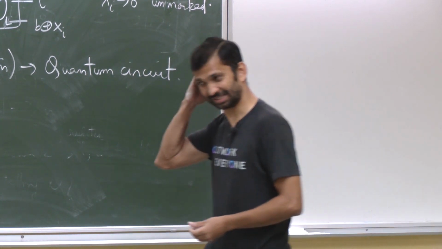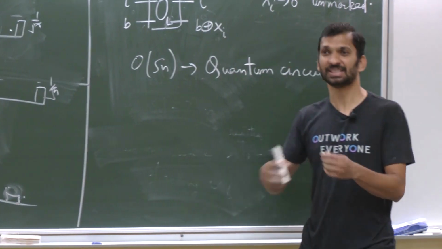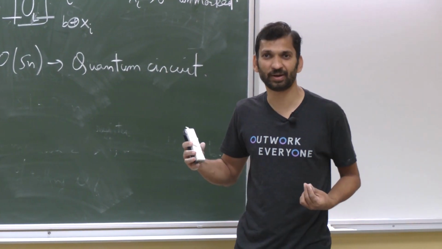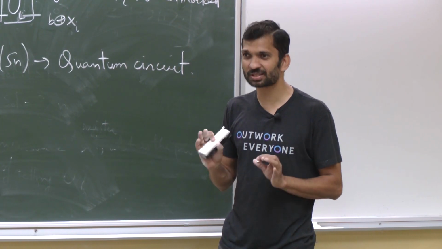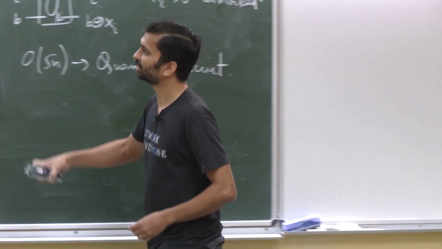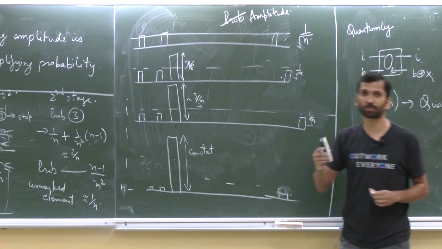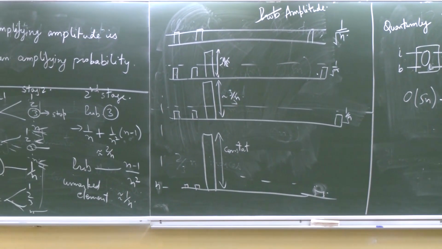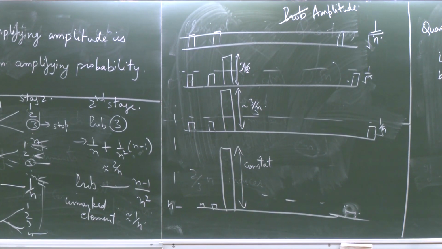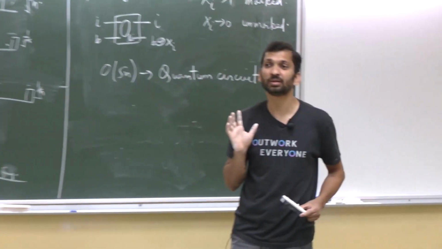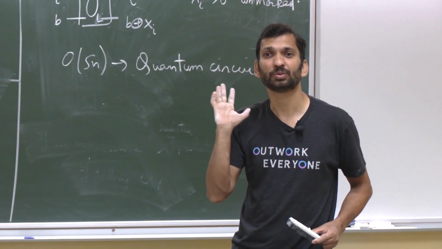Right? I will just write down things in notation so that it is easier to see what it means to amplify amplitude. This is what we want to do. This histogram which we have made for probability, which comes up from the dumb algorithm, we are saying quantumly somehow we want to make the same histogram, just replace probabilities with amplitudes.